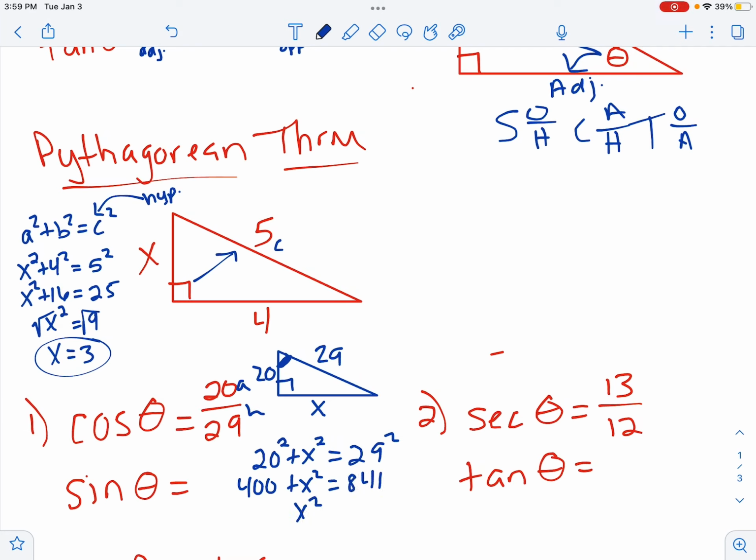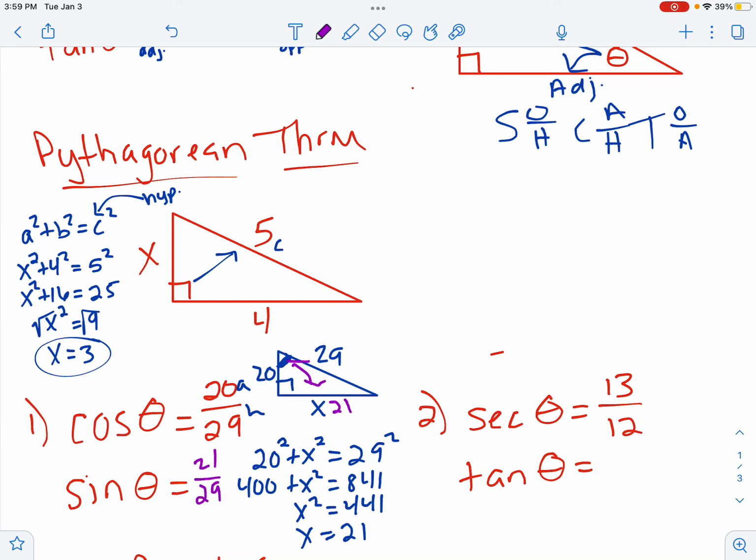I'm going to subtract that 400 over to get 441. And if I square root 441, I get a lovely 21. So now I have that missing side. So my sine of theta would be the opposite, 21, over the hypotenuse, 29.